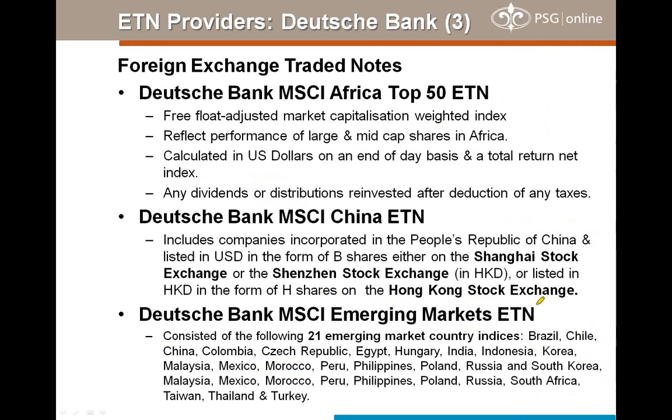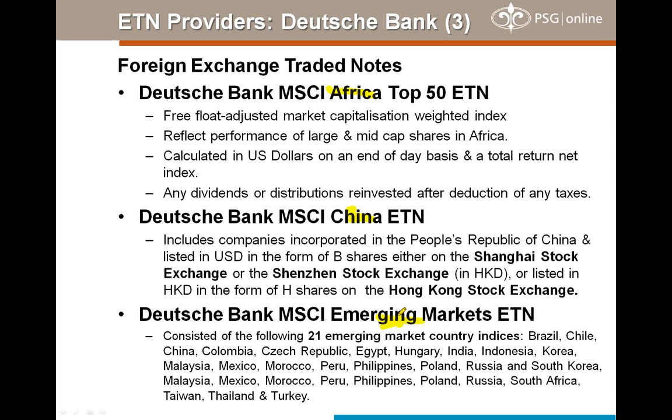Deutsche Bank, apart from the developed market ETFs, they also have one on Africa, on China, and also on emerging markets. Now, I find this interesting in the sense that you can go a bit further and say, okay, gee, I think there's growth opportunities in China. So yeah, you're looking at shares listed on Shanghai, the Shenzhen, and the Hong Kong Stock Exchange. So through one share, you're getting exposure to all those shares.